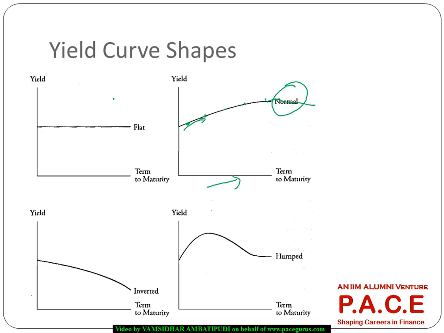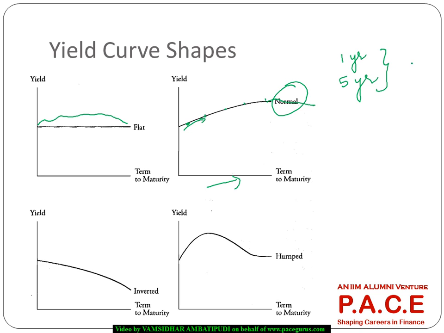But sometimes what we observe is the yield curve may be flat, which means whether you deposit for 1 year or 5 years, the interest rates are the same. You may get those kind of scenarios. It's an annualized interest rate. Even now you sometimes observe this with most of the commercial banks: you do a 1 year FD or a 5 year FD, the interest rate is the same in both of them.